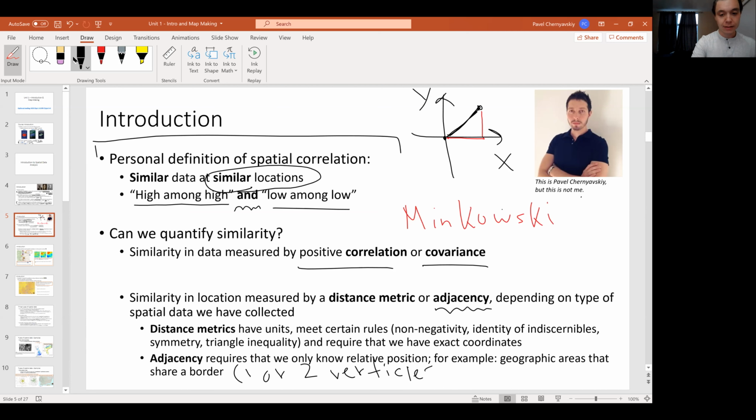So depending on the type of data we're dealing with, how we measure similarity in location will be different. We'll be either using a distance metric or this concept of adjacency, or basically are our regions touching?